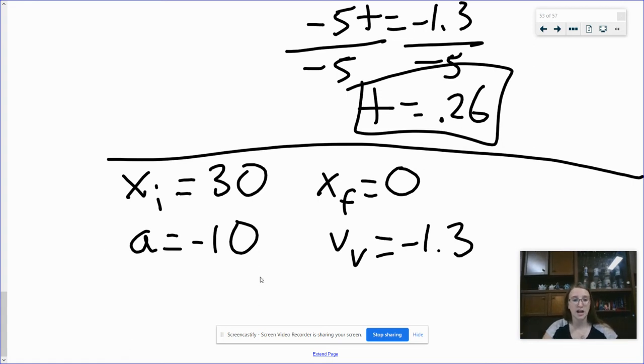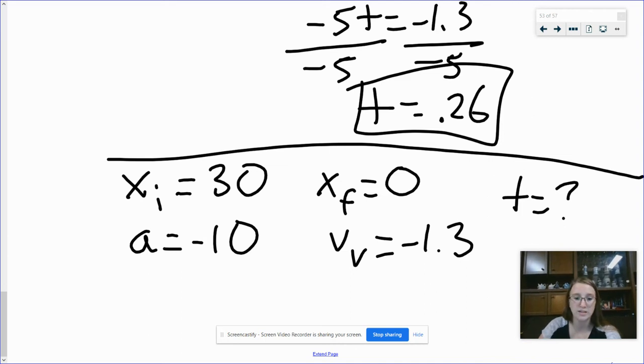My acceleration, I said, is negative, and it's pulling me down. And my vertical velocity at this point is also pointing downwards because the diver is dropping. My acceleration and my velocity are both headed in the same direction. They have to have the same sign if they're headed in the same direction. And t equals question mark.